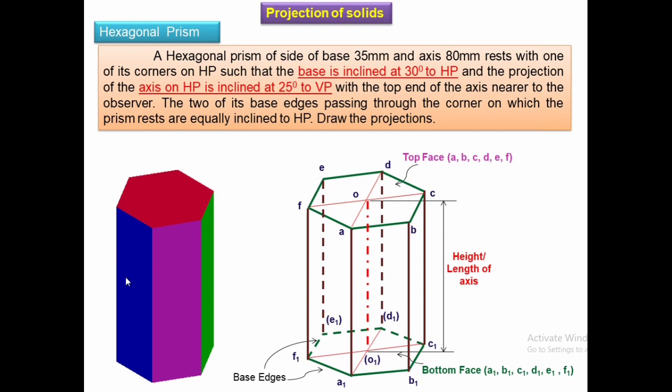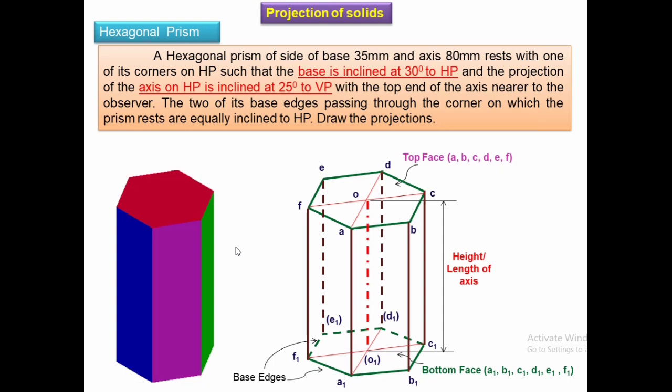So from this figure you should be able to understand which are the lines that will be visible and which are the lines which will not be visible. That is what is important to understand. With this concept we are going to draw the visible and invisible lines in the 2D drawing.